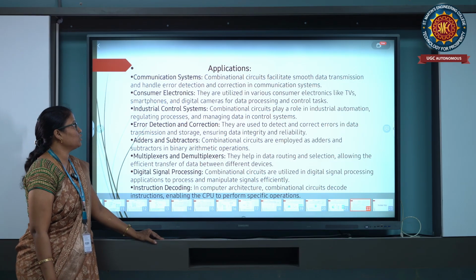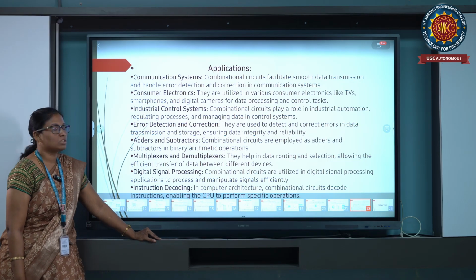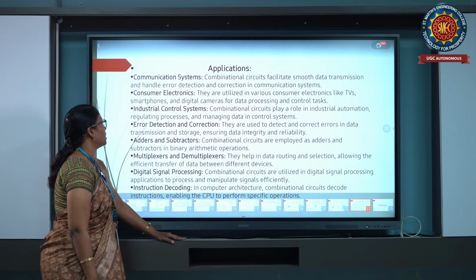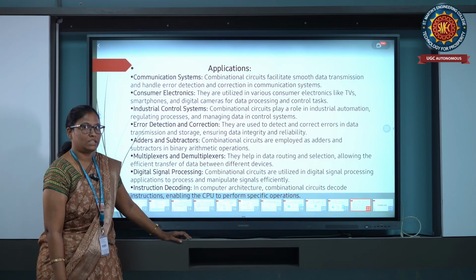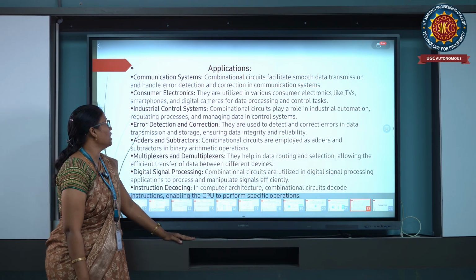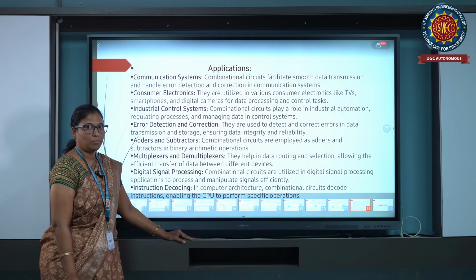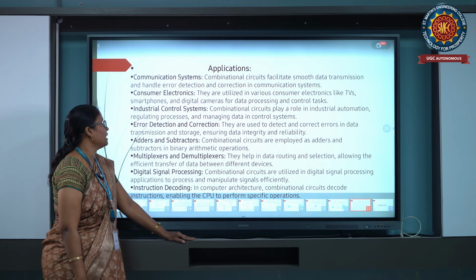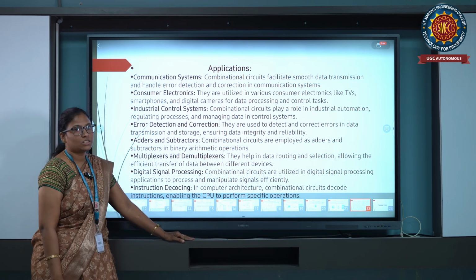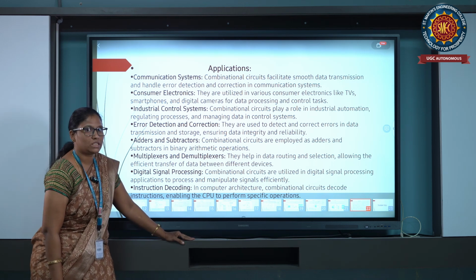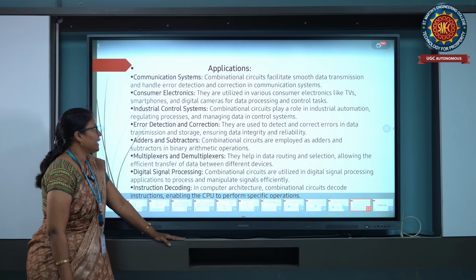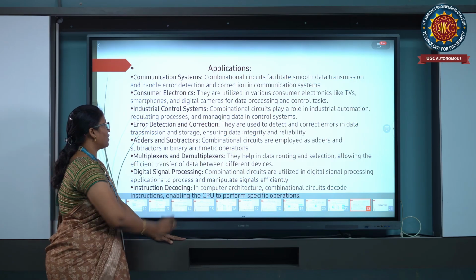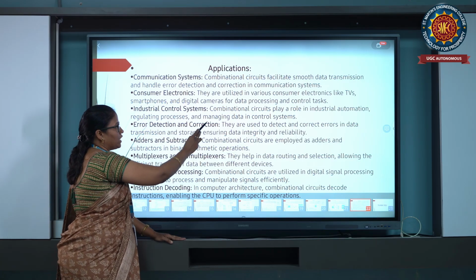Considering communication systems, combinational circuits allow smooth data transmission and handle error detection and correction. These circuits are also used in consumer electronics like TVs, smartphones, and digital cameras for data processing and control tasks. In industrial and control systems, they are used for regulating processes and managing data.